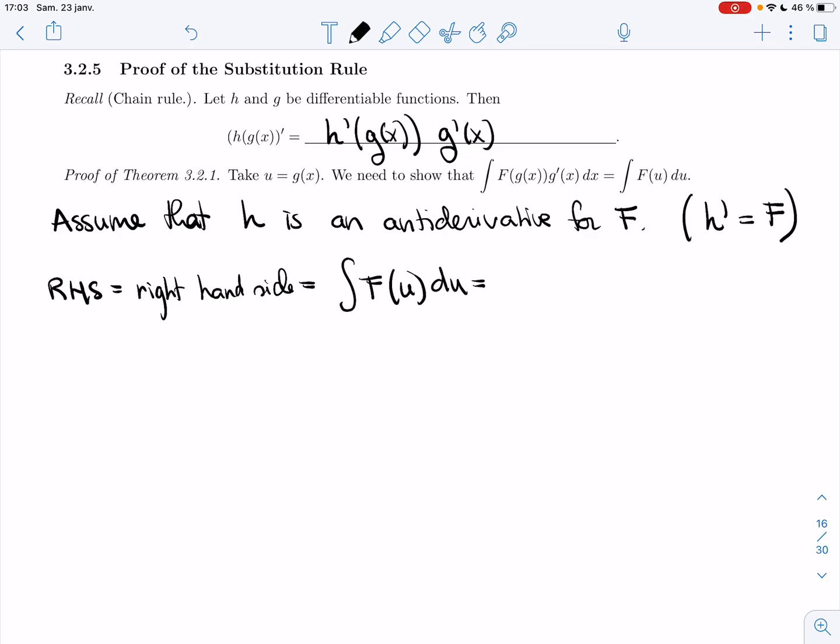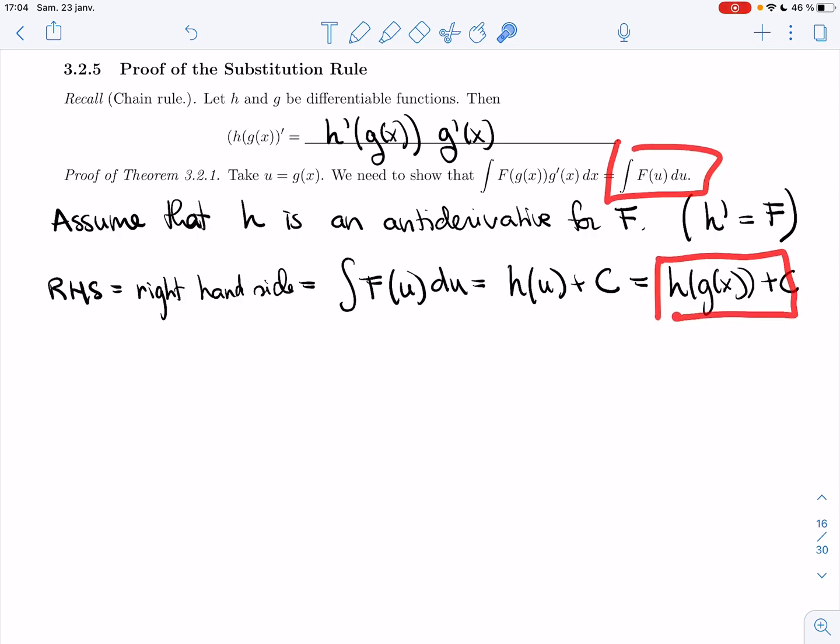I know an antiderivative for f. I know that h is it, and so that's just going to be h of u plus c. And then when I'm done integrating, I'm going to plug in g of x. That's what we do when we apply substitution. So I know that this right-hand side here would give h of g of x plus c.